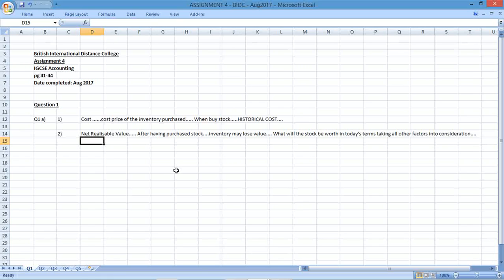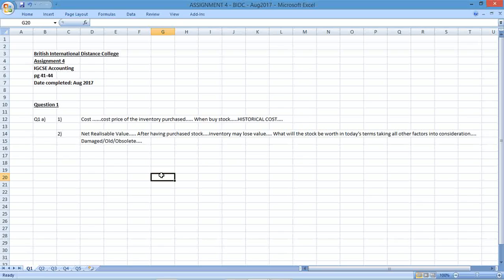Meaning, if I had to sell that stock today, what would the net realizable value be? Sometimes stock can get damaged, or old, or obsolete. Meaning we're not going to actually be able to realize the full value of those goods. We might want to sell those goods at a profit by adding a markup to the cost price in order to get the selling price, and that might not always be the price that we can sell it for.